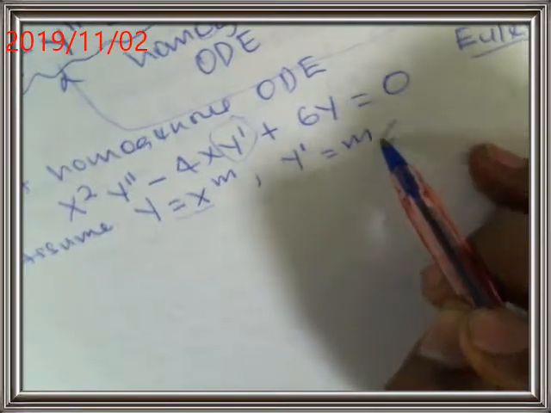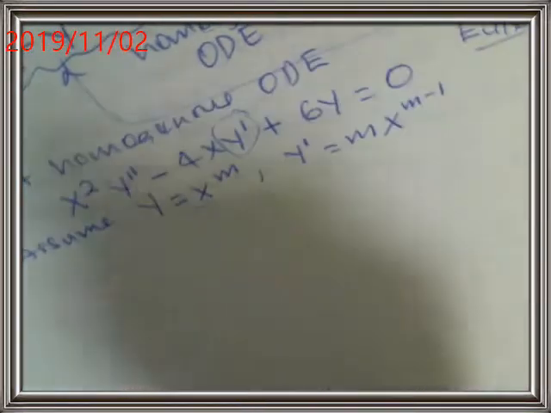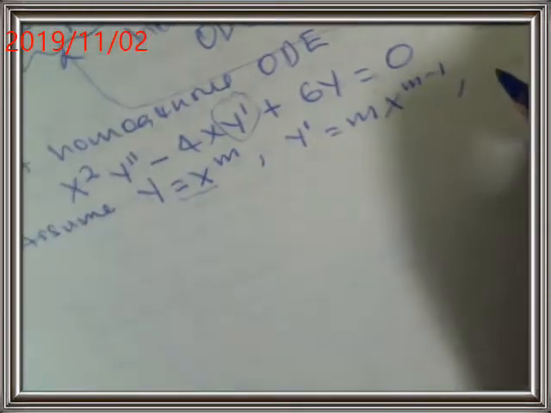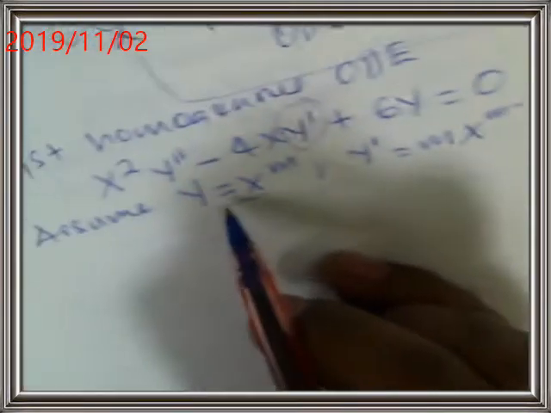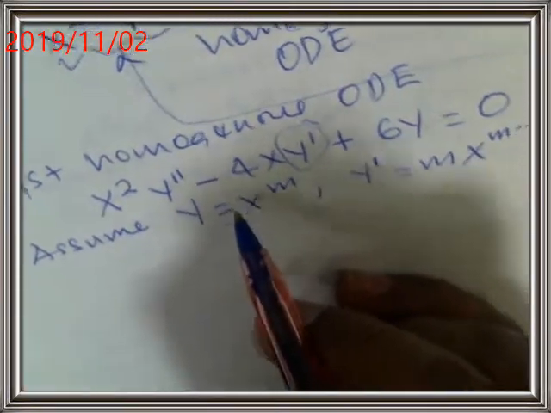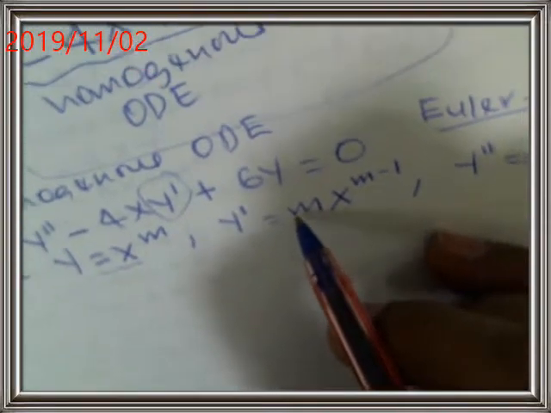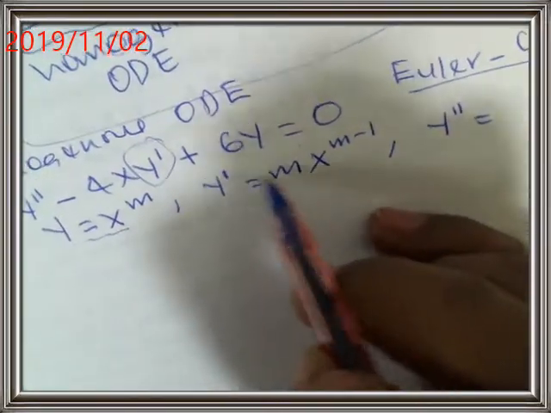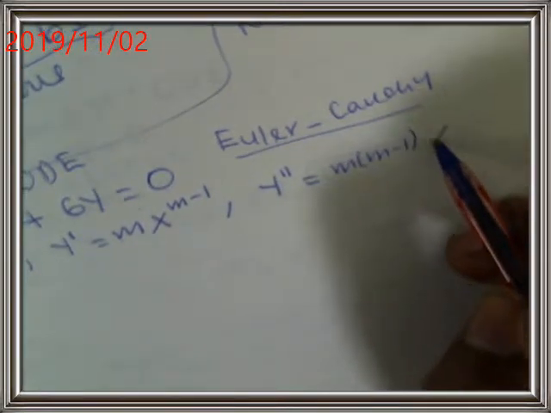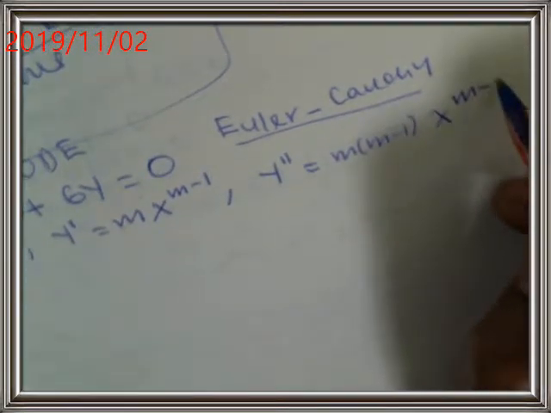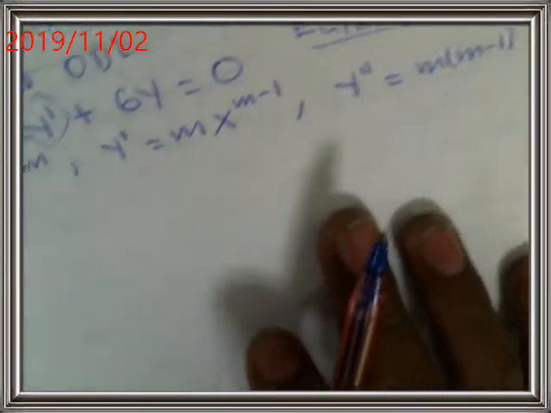So its first derivative becomes m x to the power of m minus 1. So again, let us take the double derivative or the second derivative of this function. If we take the second derivative, that means we can differentiate the original equation twice, or we can differentiate this once. It is better if we differentiate this once, so it becomes m into m minus 1 times x to the power of m minus 2.